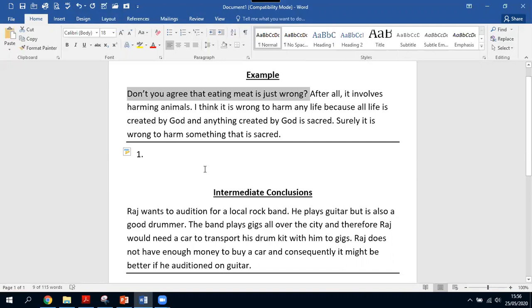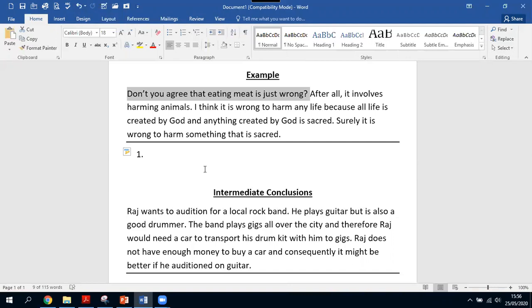Now the aim, remember, of a rhetorical question is to imply the truth of the content of the question. So it's not a question that is looking to find out information from you, such as what time is it, what day is it, how many Cheerios does it take to overfill the bowl or whatever.